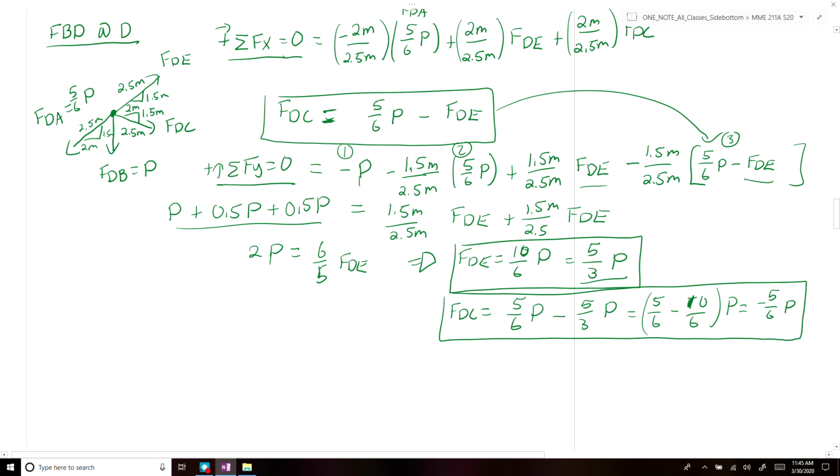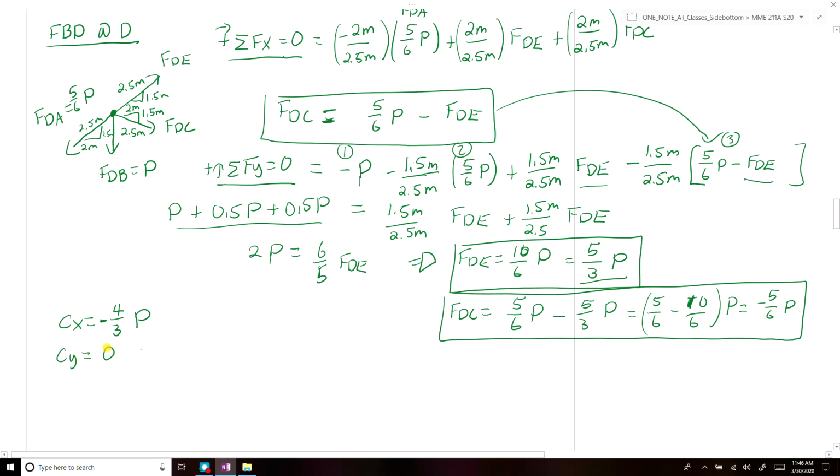If you did that, for the reactions at C, you would have gotten Cx equal to 4/3 P, going along the negative x-axis.